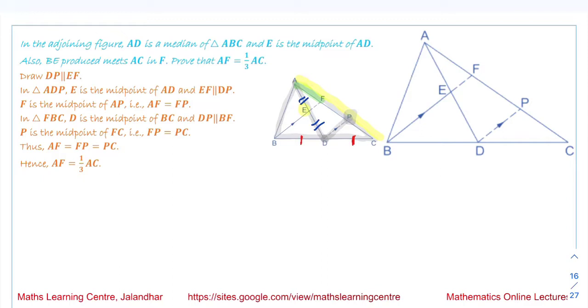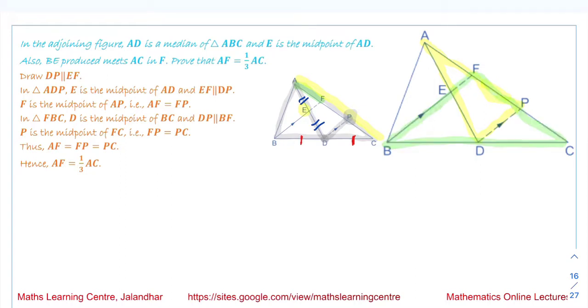So now we are talking about two triangles. First we are talking about the triangle ADP, and second we are talking about the triangle FBC.